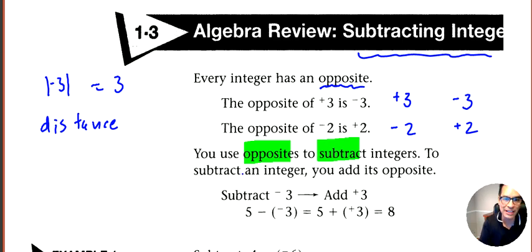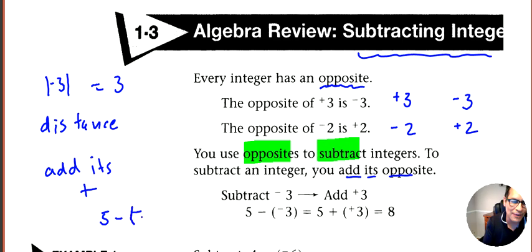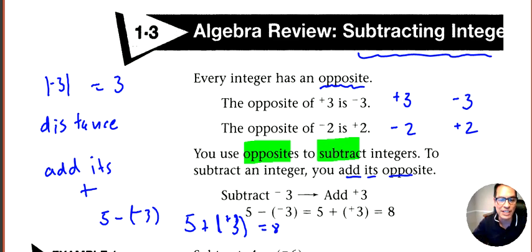So to subtract an integer, we're going to add its opposite. So if we have 5 minus -3, I'm going to add, so it's going to become 5 plus +3, and that gives me 8.